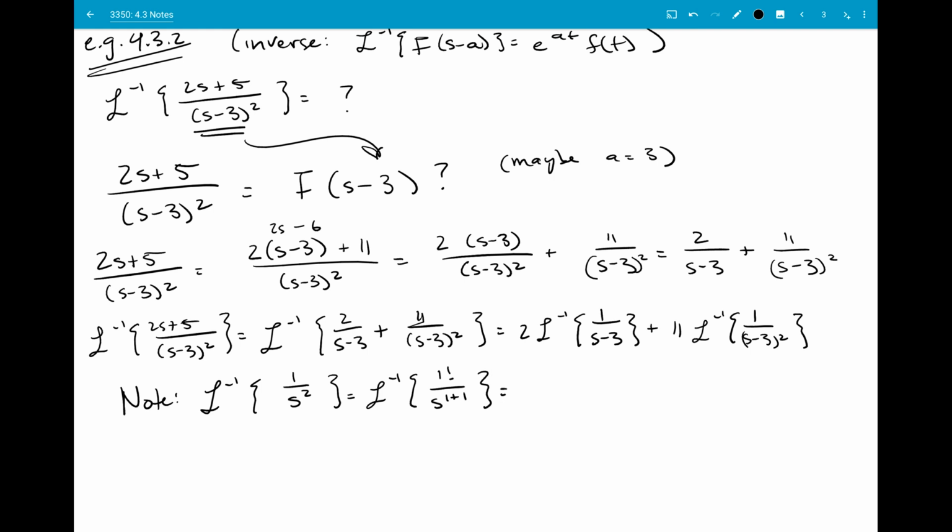So I know that that's just t. And that would be my little f of t in this example. And that would mean that this right here is capital F of s - 3 for F of s equal to 1 over s squared.